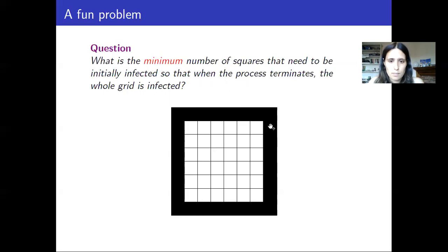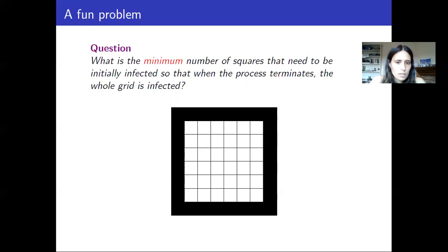So in the first time step, what do we have? Well, this inner ring will become infected in the first time step, and then in the next time step, 1 more interior ring will be infected, and eventually it'll get everything.